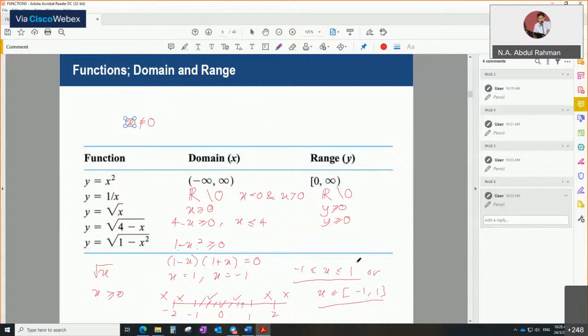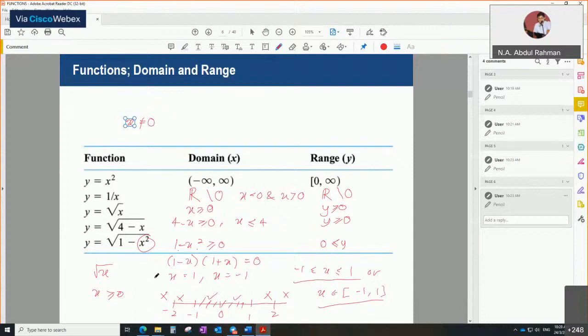So the range here, of course, is the same as what we have previously. But with a little trick, it of course must be greater than 0. But what is the maximum value that it can have? You can try to plug in. x squared is always a positive value, right?